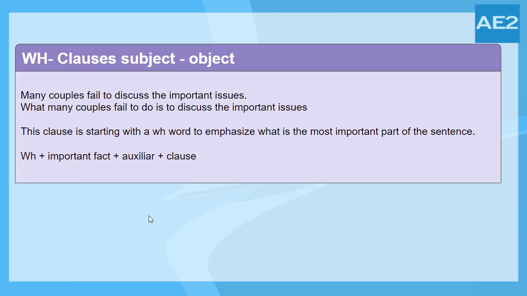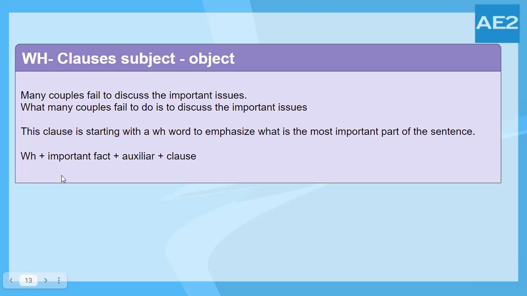So to start, we're going to go with the first ones, the subject ones, right? Many couples fail to discuss important issues. If we want to focus on something, we can say what many couples fail to do is to discuss important issues. This clause is starting with a WH word to emphasize the most important part of the sentence, like I told you, right? And it is focusing on the subject. Yes.